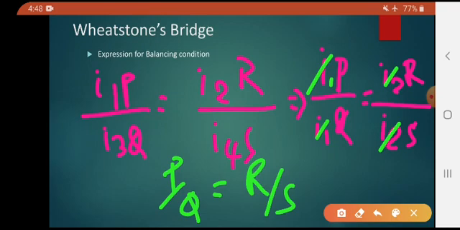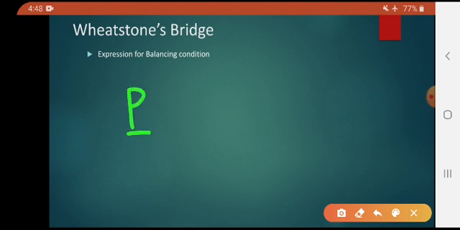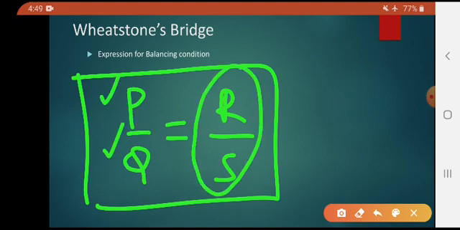This is the principle of the Wheatstone bridge. The balancing equation is P by Q equals R by S. This is the balancing condition or equilibrium position of the Wheatstone bridge. If you know the P and Q values, then you can compare these two values.